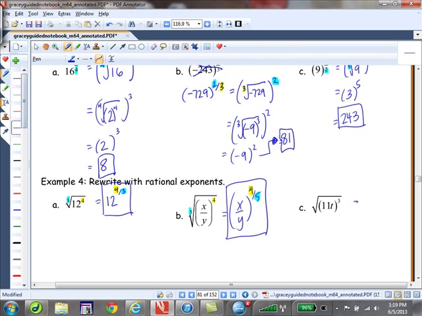And here we'll have 11t to the 3/2. Remember, there's an invisible 2, an implied 2, and a square root. So the power was 3 and the root was 2. We're all done. You need to make sure you put parentheses around whatever was in the radical.